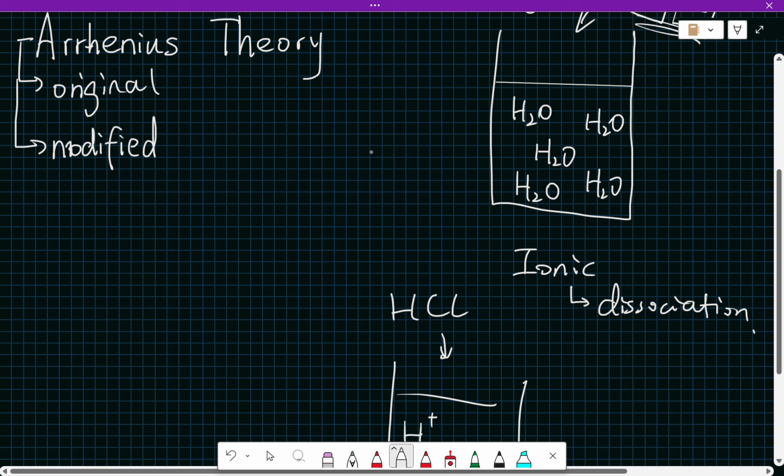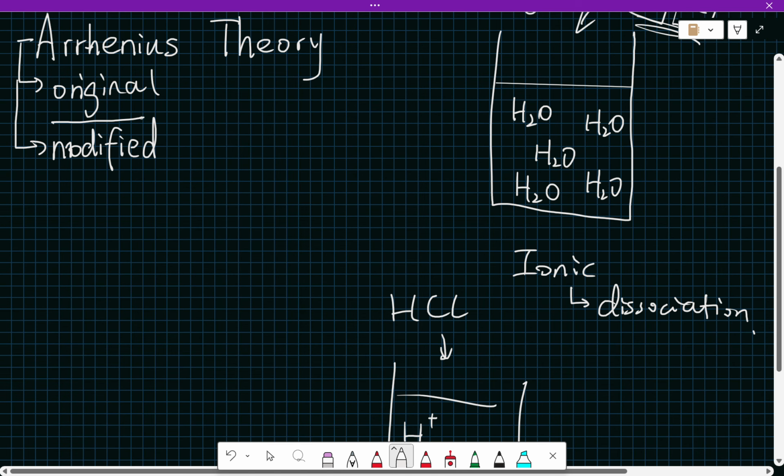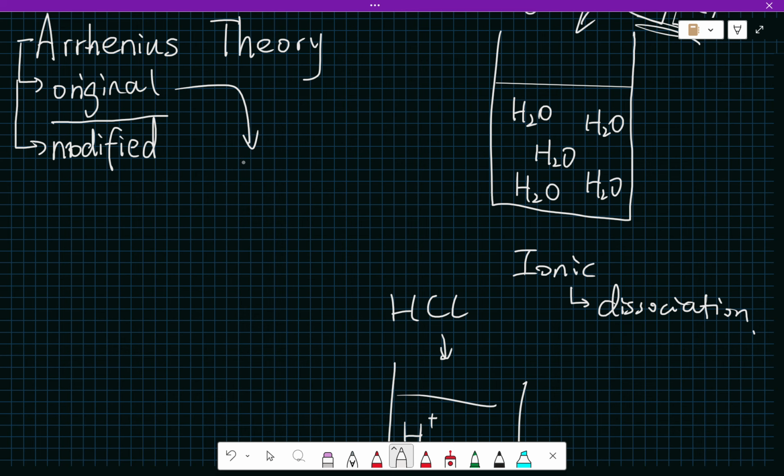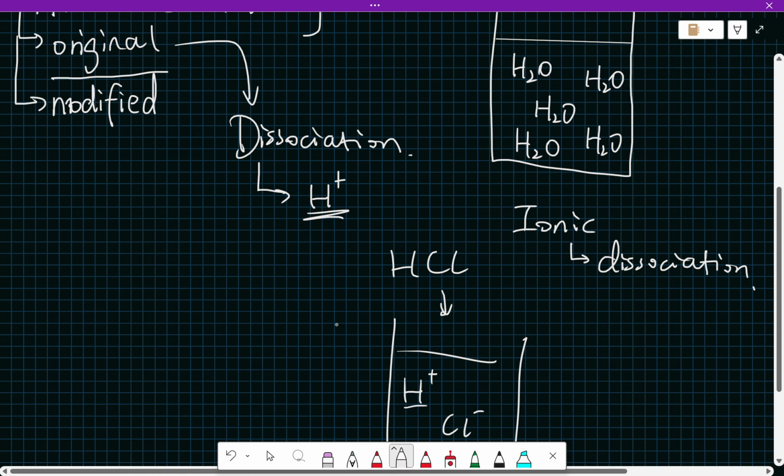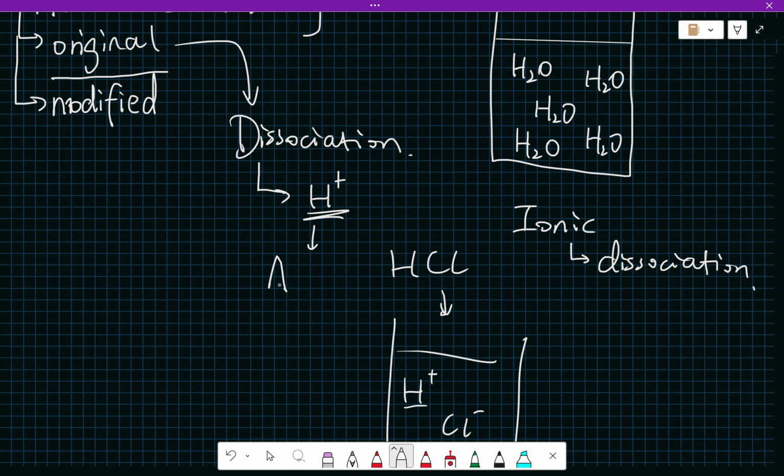And based on the original Arrhenius theory, when we have an ionic compound which will undergo dissociation, if this dissociation results in a positive hydrogen ion, then we could call this an acid.